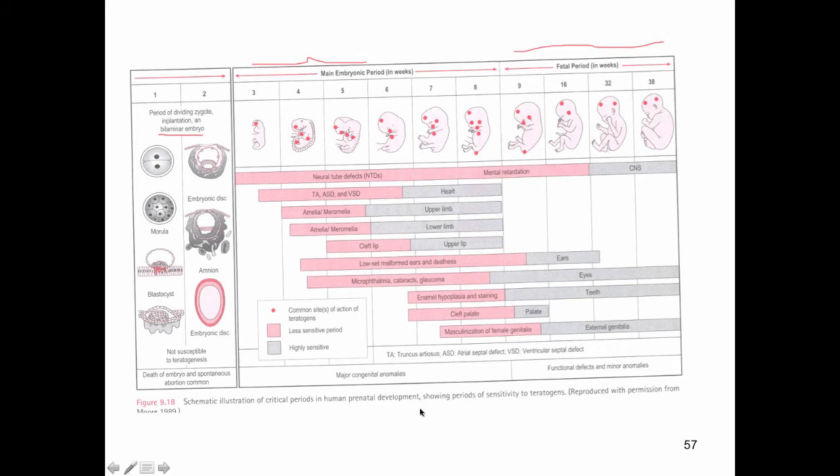Now, unfortunately, there are a multitude of birth defects that can occur. And these birth defects can be caused by genetic abnormalities and therefore an alteration in the development of the fetus. It can be caused by external factors, environmental factors, or internal factors.